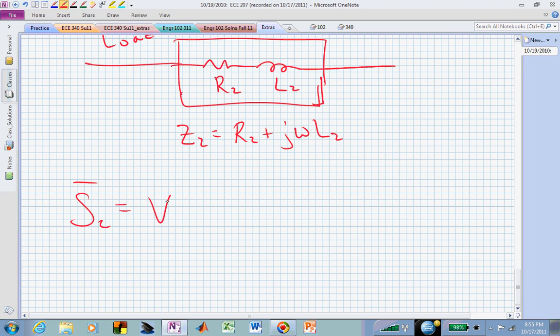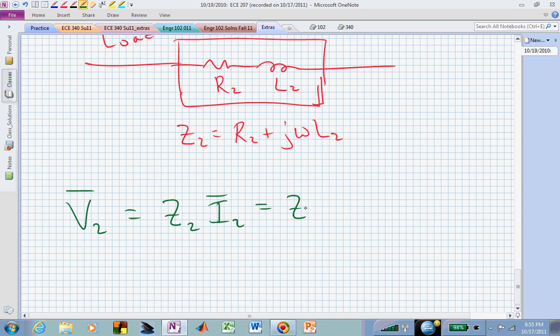and see that we now have, we can do this many different ways, I guess. We could say that the voltage now for load number 2 is Z sub 2 times I sub 2.